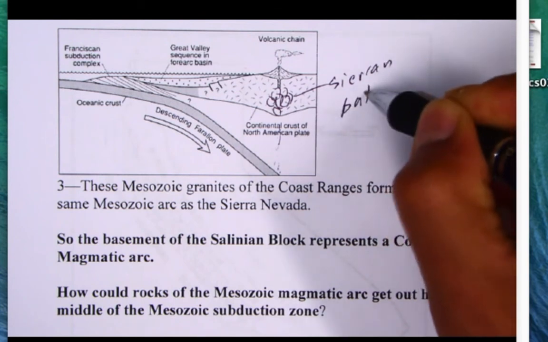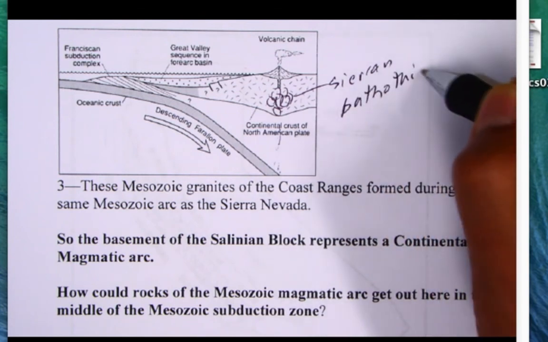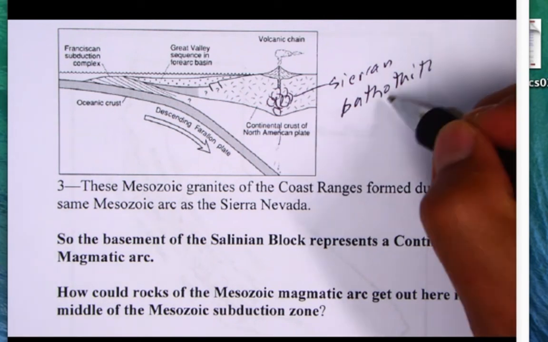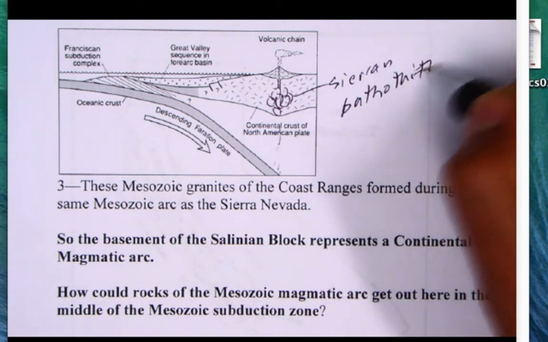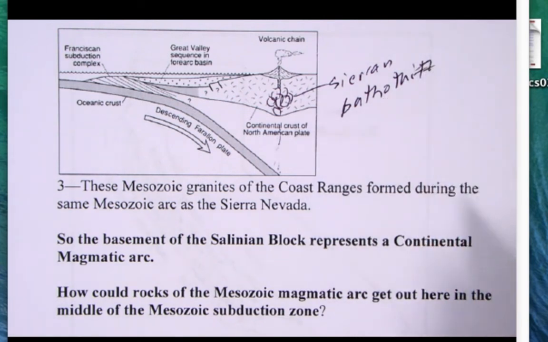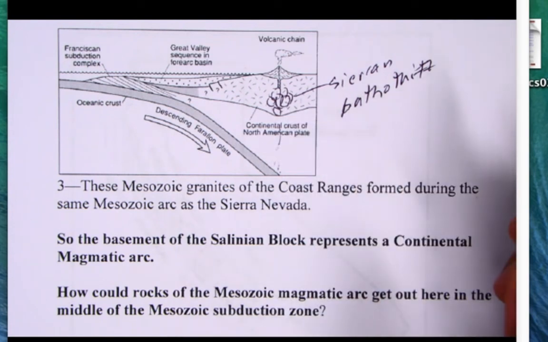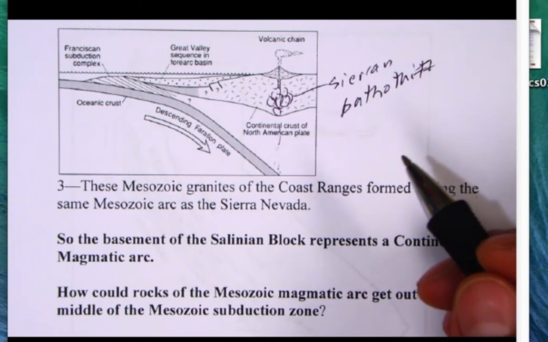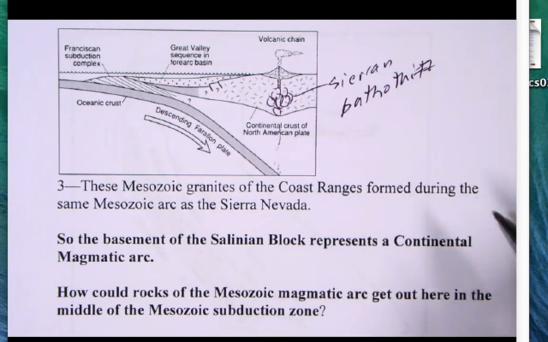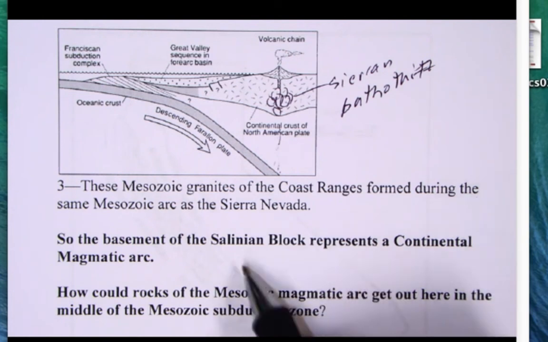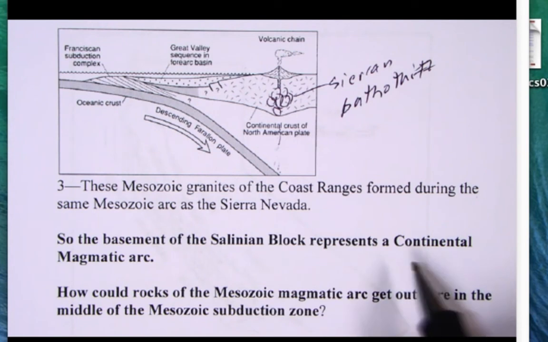And so those coast range Mesozoic granites also formed in the same fashion, except that they were truncated by the San Andreas Fault in the past. So the basement of the Salinian block represents a continental magmatic arc.